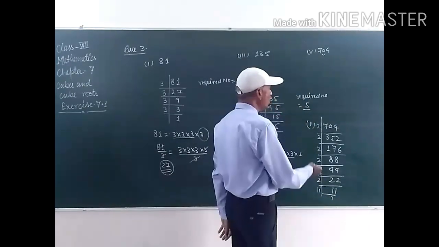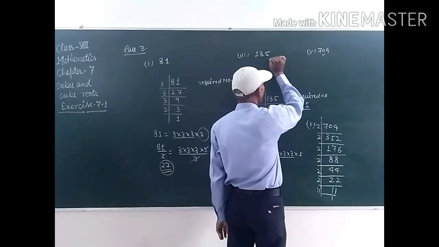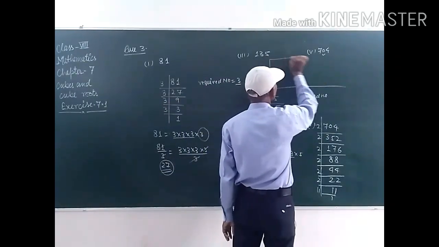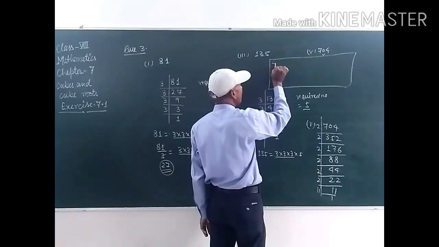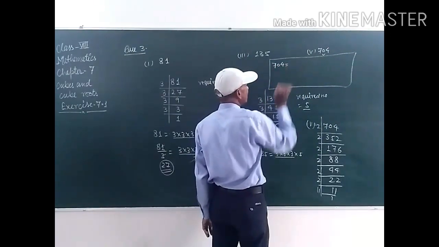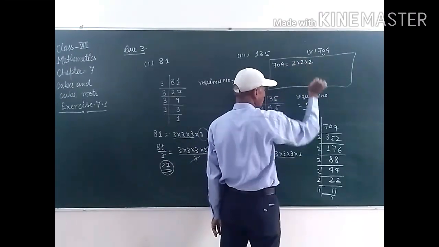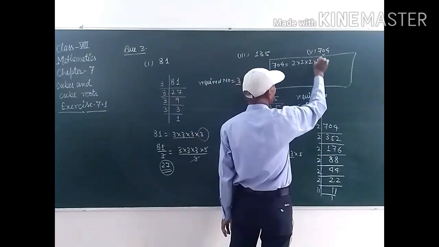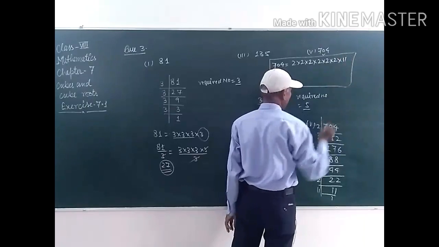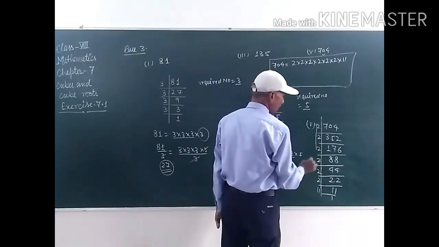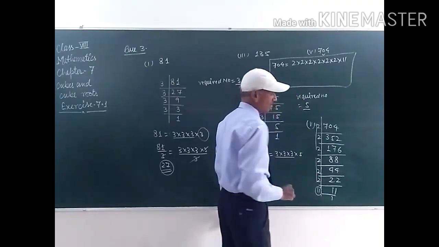Clear, student? So prime factors of 704 is equal to 2 into 2 into 2 into 2 into 2 into 2 into 11. 2 is 3 times here and again 3 times, but 11 is left here, student.